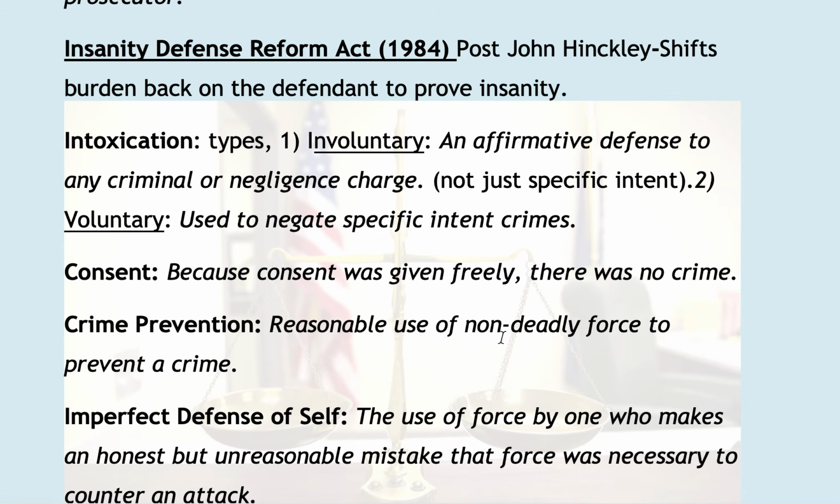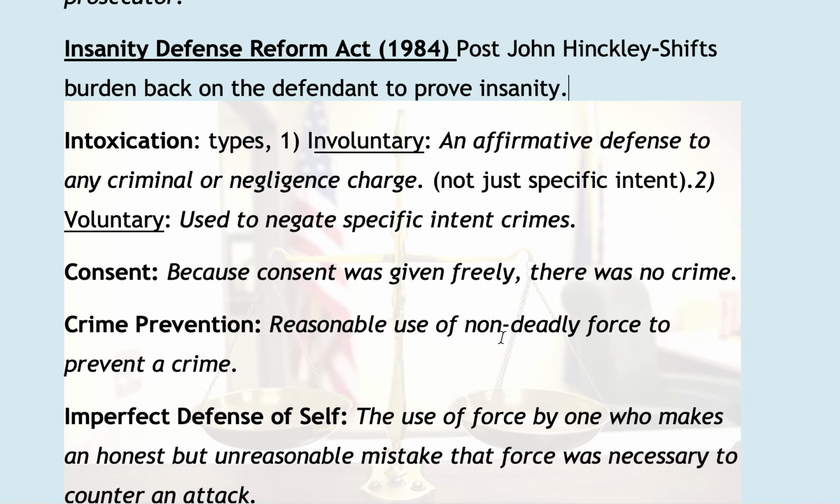Basically the law was changed in 84, and I think it was a response to Hinckley. It shifts the burden back to the defendant to prove that their insanity was so bad that they didn't know right from wrong, and that they had this irresistible impulse or whatever, coupled together with the other.